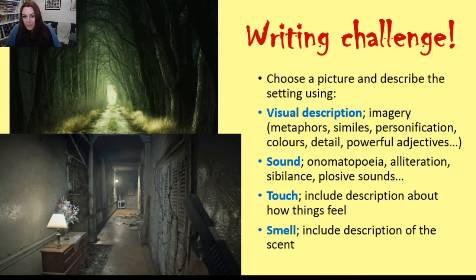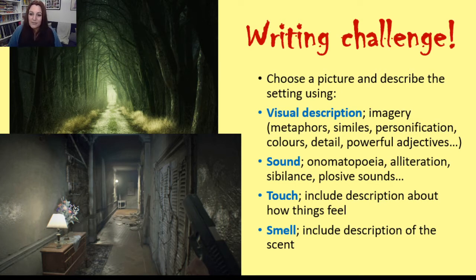So, just a little reminder that when you're writing your setting, I want you to think about using your visual description. So imagery such as metaphors, similes, personification. Colours are really important.